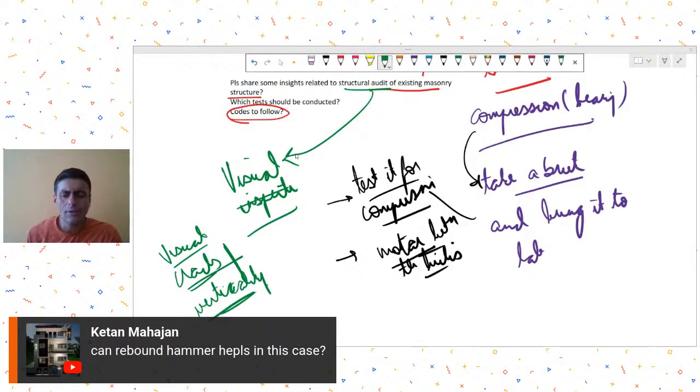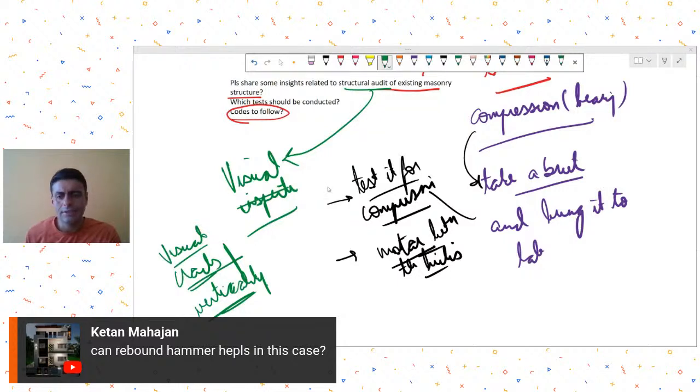I don't see how rebound hammer will help you, because rebound hammer is more of an empirical testing rather than a test which gives accurate results, I would say.